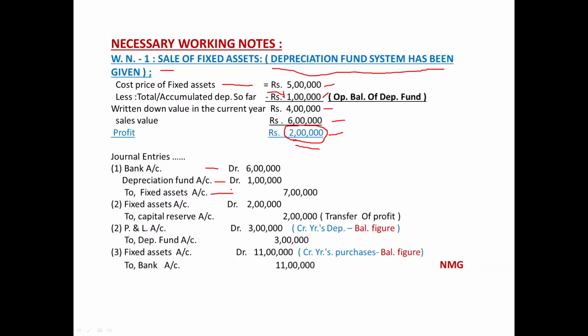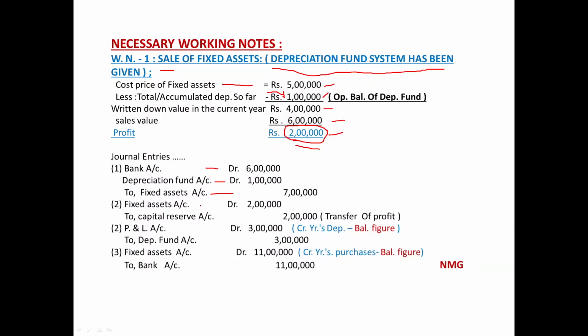Otherwise, its original cost was 5 lakh. So 5 lakh rupees ought to be credited to the fixed assets account, but instead of that we credited 7 lakh rupees including the profit of rupees 2 lakh, and that is why a second journal entry is required for the transfer of profit.